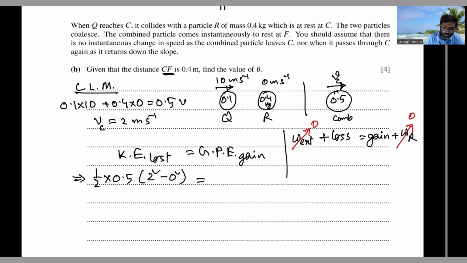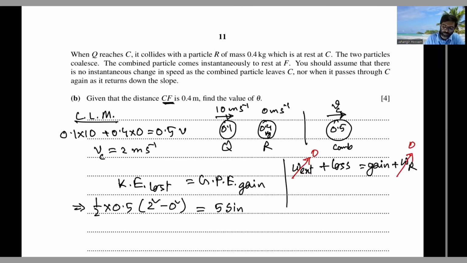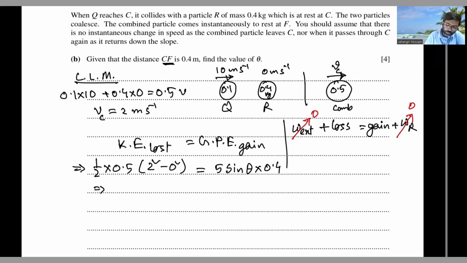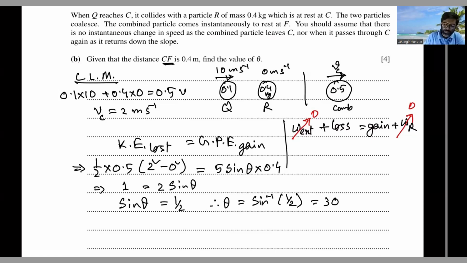So here we have 0.5 into g, that's 10, so 5 sine theta, into the distance 0.4. So we have half into 0.5 into 4, that's 1, equal to 5 into 0.4, 2 sine theta. So sine theta equals half, that is theta equals sine inverse half, that is 30 degrees. That's the value of theta here.